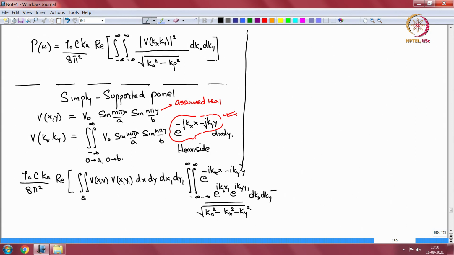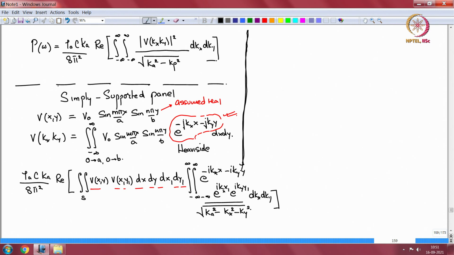Now this whole part is real. This whole section, these are all real. So the real here can be shifted inwards.